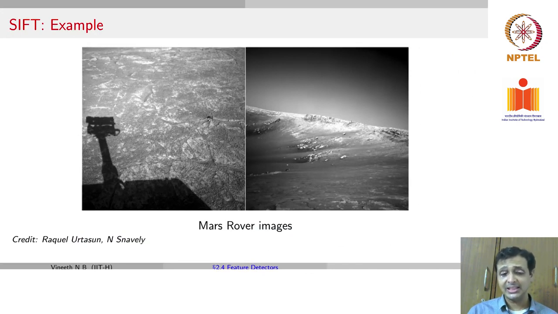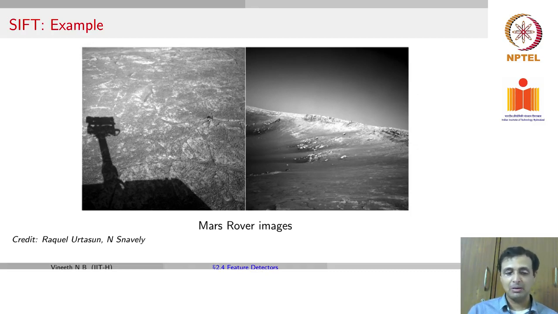Here's another challenging example of images from the Mars rover. This is a practical application where, when the Mars rover takes images of different scenes, since there's no human there, it would be good to understand which scenes actually match with each other so that we know which part of Mars the rover is currently in. But because the scales and the angles may be different in these images, matching becomes a little hard.